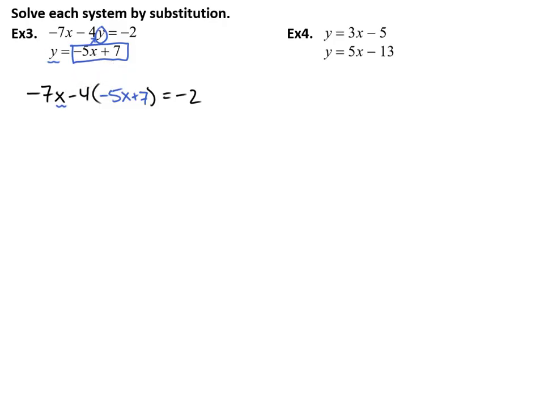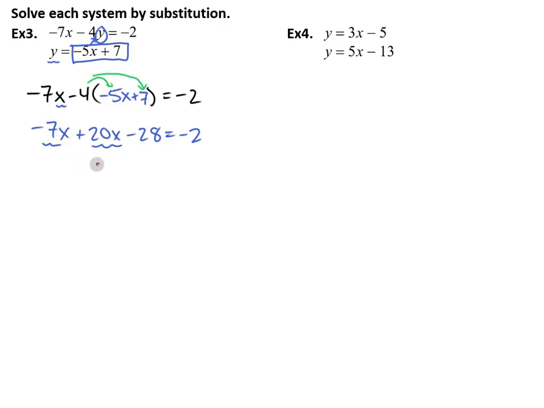So let's go ahead and distribute. We do have a -4 to distribute into our parentheses. So we have -7x, just drops down. -4 times -5 is positive 20x. -4 times 7 is -28, equals -2. Well, let's combine some like terms here.